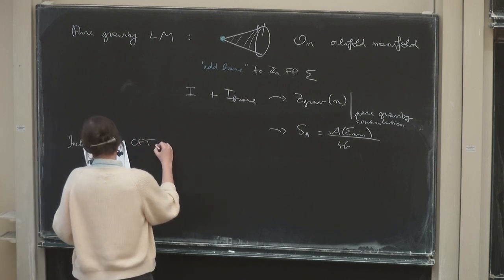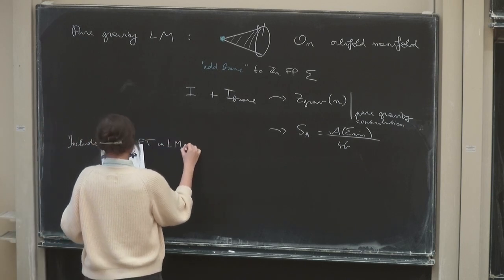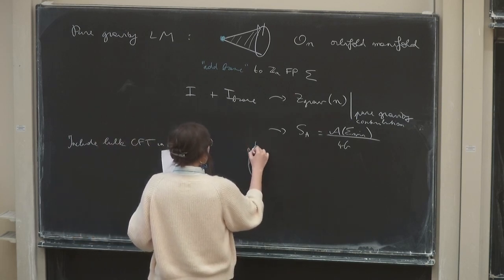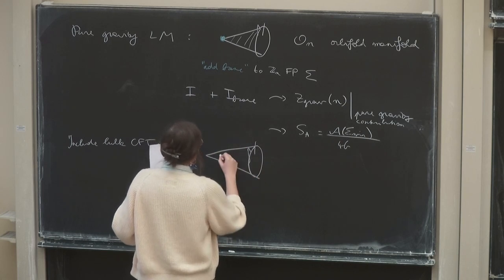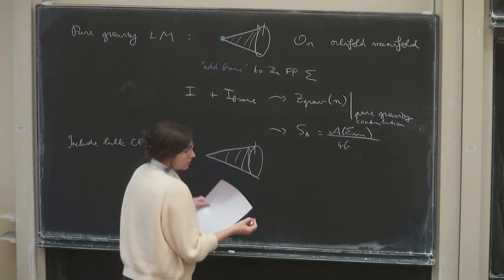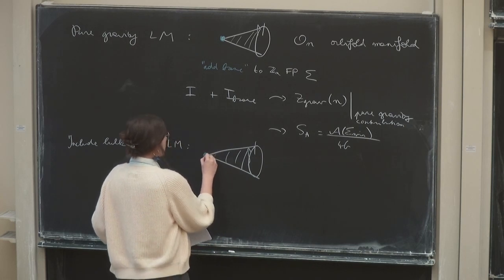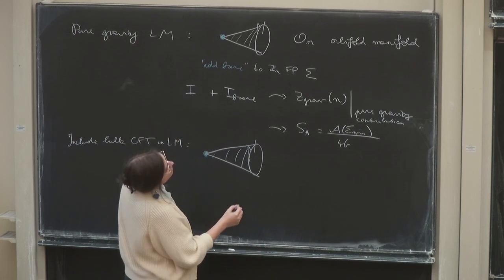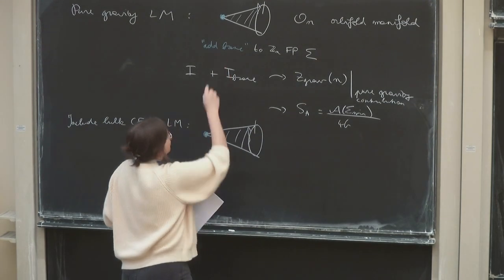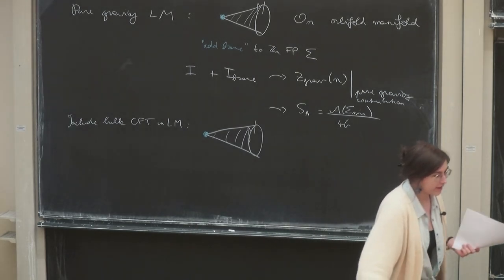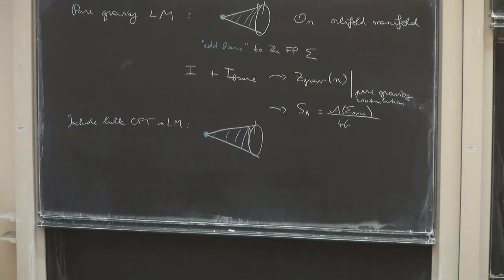So this was pure gravity Lewkowycz-Maldacena, and then we wanted to include bulk CFT matter in this derivation, and this we did by adding to that picture not just the brane for the pure gravity contribution discussed just now, but also, I need more colors.